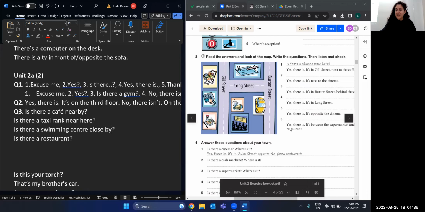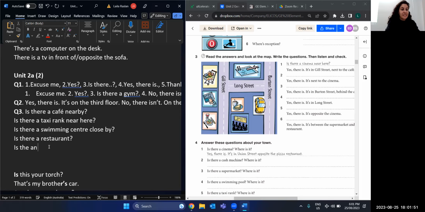Number 6, if the answer is yes, there is, it's between the supermarket and the restaurant. So what is this place? Is there, we say either an ATM. You don't need to say machine. Is there an ATM? And I'll give you another word, around here.